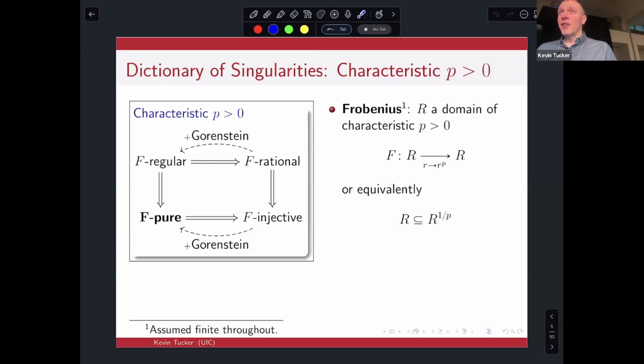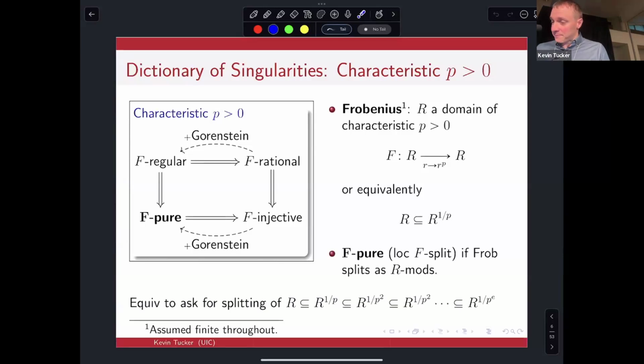This has the advantage of distinguishing between the source and target versions of R, and it also helps with defining F-purity. F-purity is the same thing as local F-splitting. I'm using the term F-pure largely to avoid any confusion with the theory of global F-splittings.